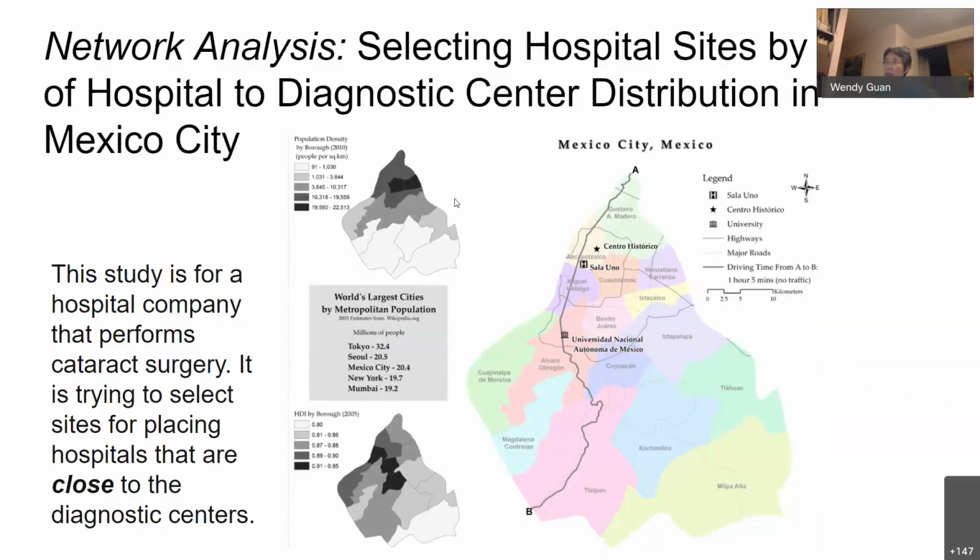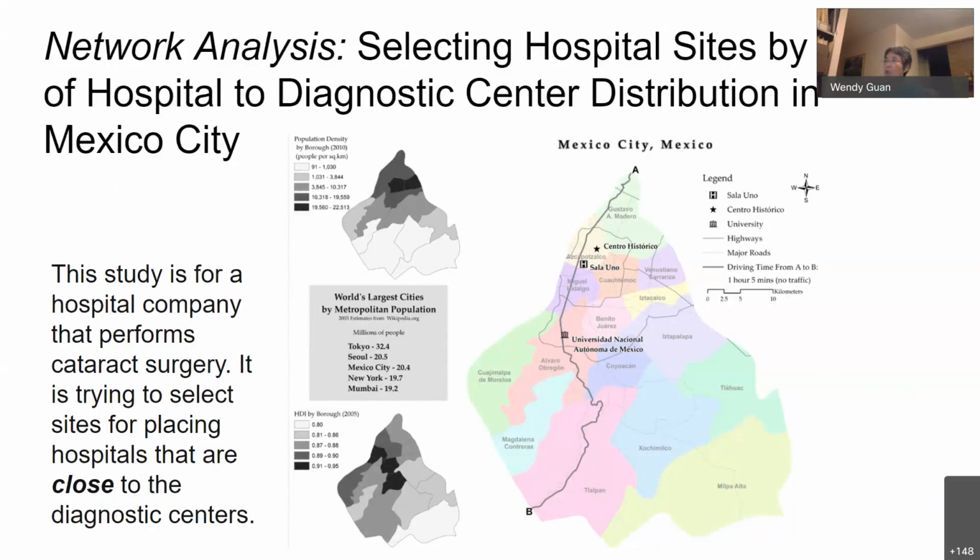This is in Mexico City, where a hospital system, a company running multiple hospitals, does cataract surgery, and they're looking for some new sites to place their hospitals that can provide that surgical procedure for people.